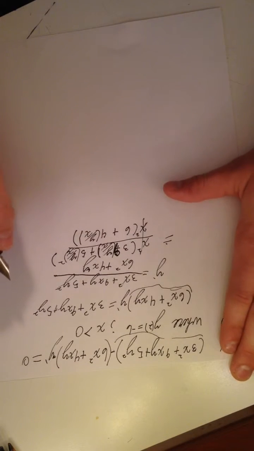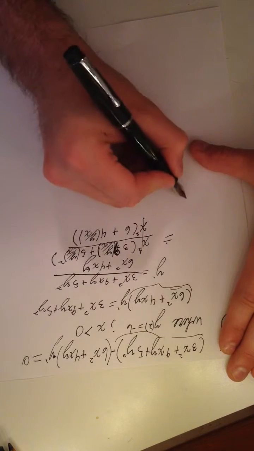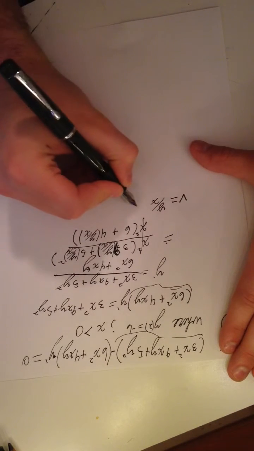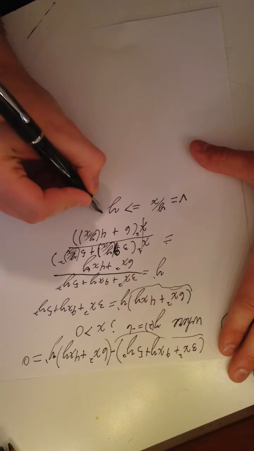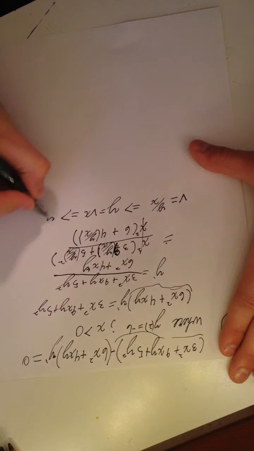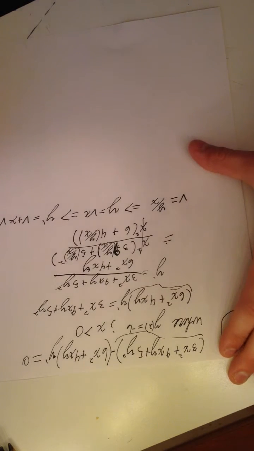Now we are going to do a substitution with v equal to y/x. Therefore, we can say that y = vx, and therefore y' = v + xv'.